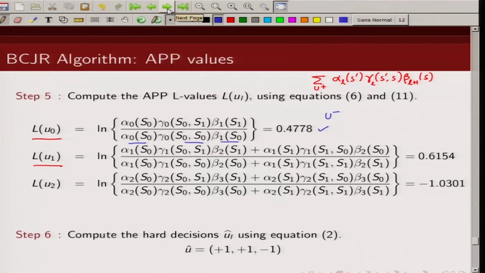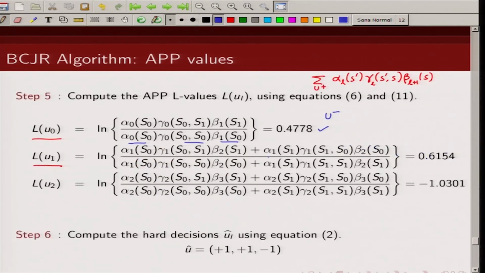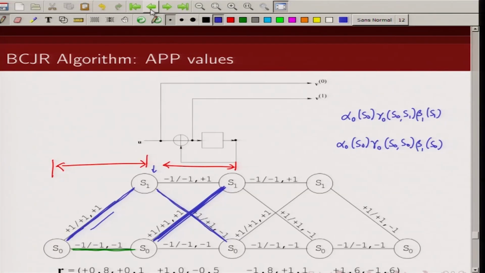There are two terms: alpha 1 S 0, gamma 1 S 0 S 1, beta 2 S 1, which corresponds to this transition, and the next term corresponds to this transition.